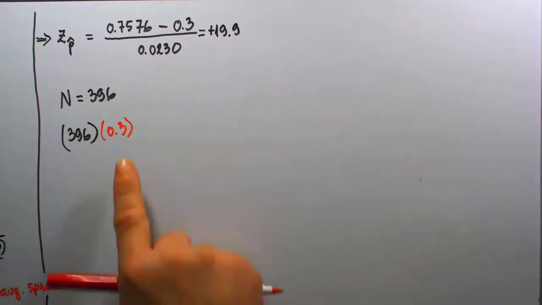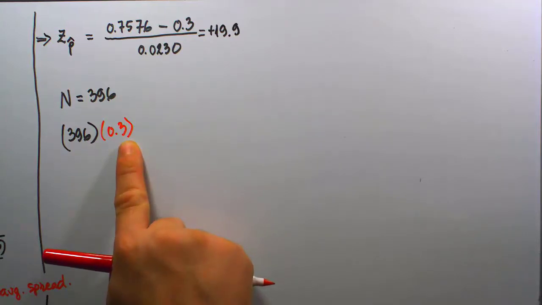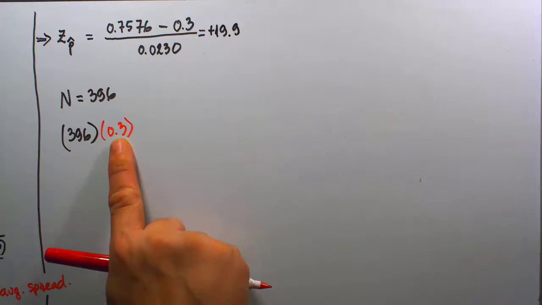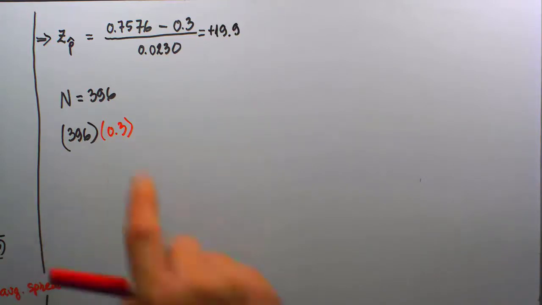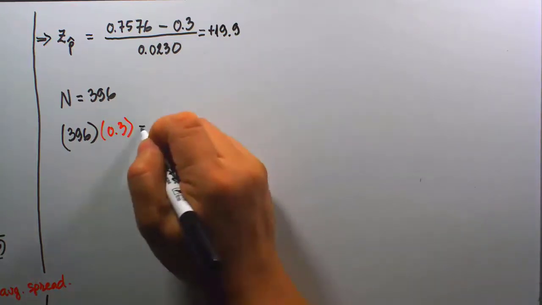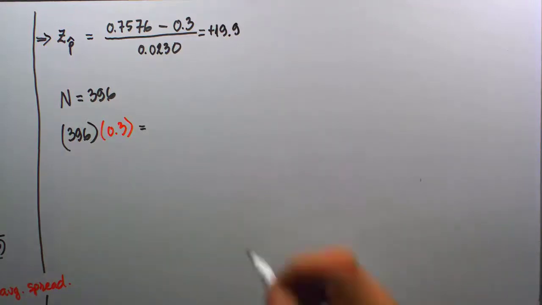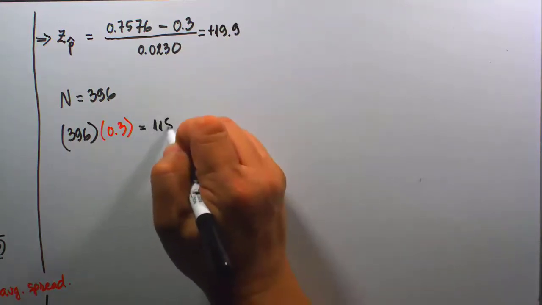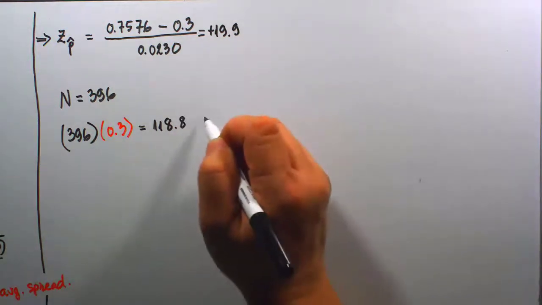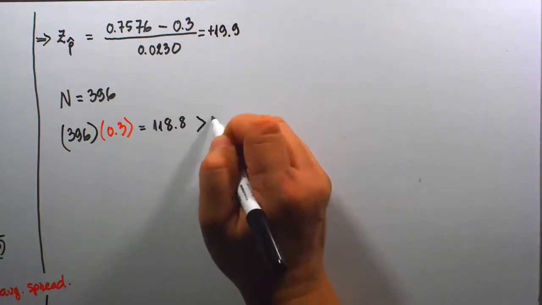Notice that this 0.3 came out from the claim that we're currently accepting. So currently we're accepting that 0.3 is the actual proportion of iPhone users. And so this product came out as the final calculation to be 118.8, which is a number much greater than 10.